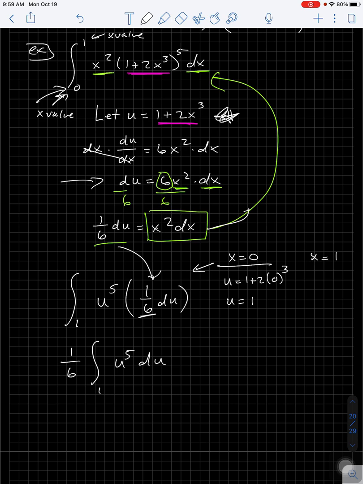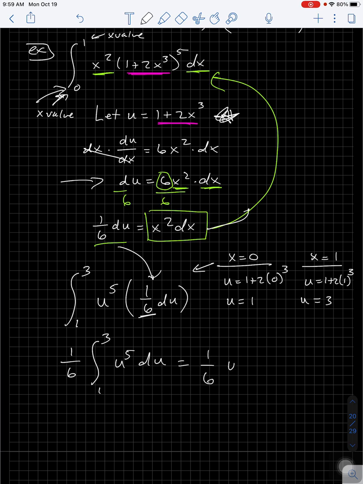And then what happens when x is 1? Well, u equals 1 plus 2 times 1 cubed. So this is going to be 2 plus 1, which is 3. So when x is 1, that's my top limit, u is going to be 3. Okay, so when you've got numbers, you've got an extra little step there to change those numbers on the integral out.